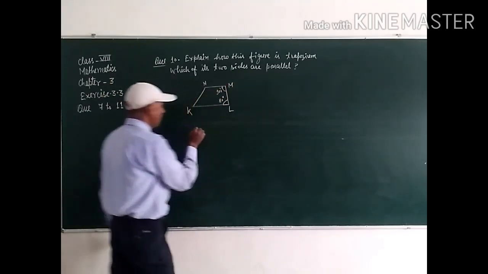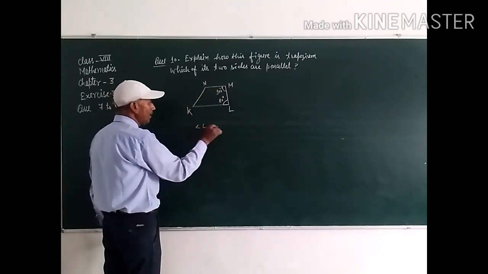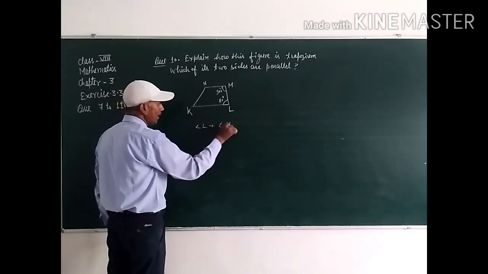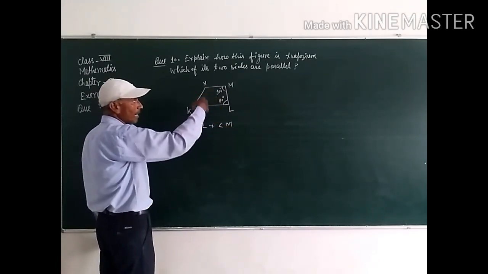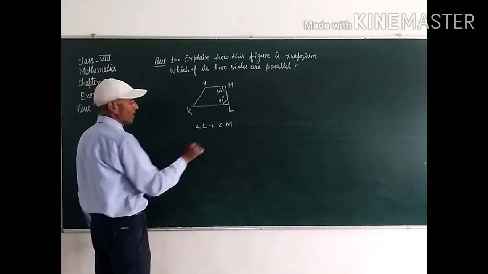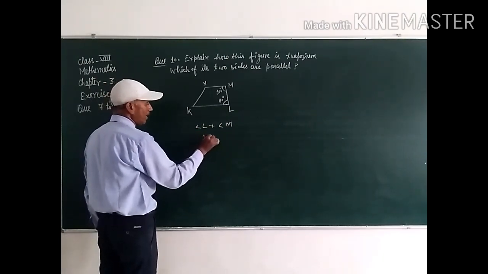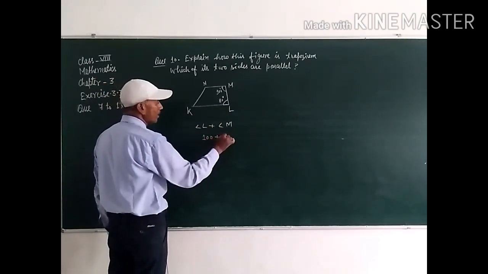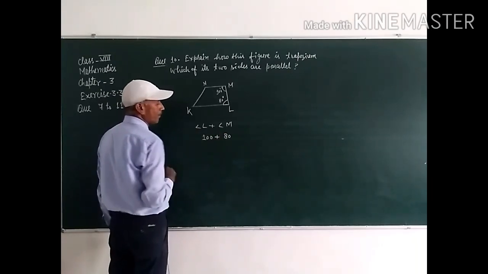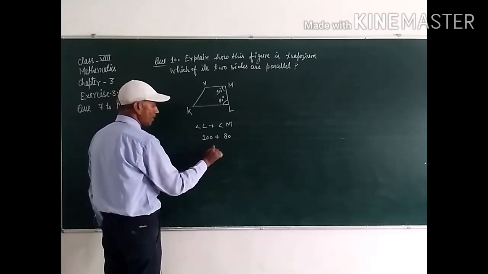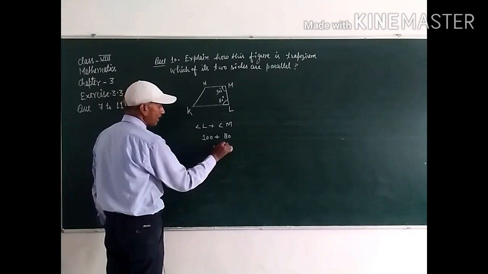So angle L plus angle M. First of all we have to find the sum of these two angles, that is 100 plus 80, and it will be 180 degree.